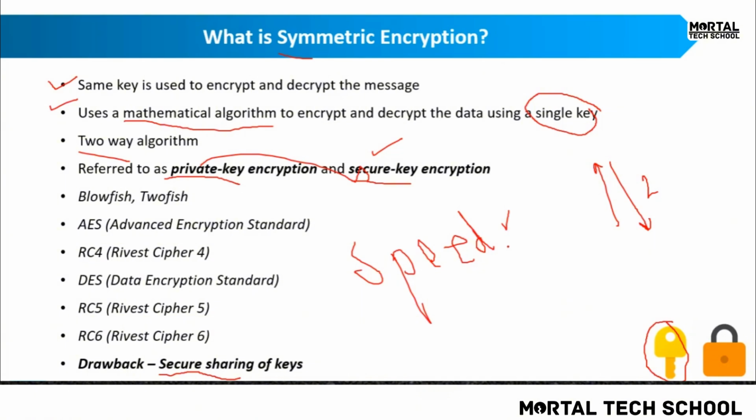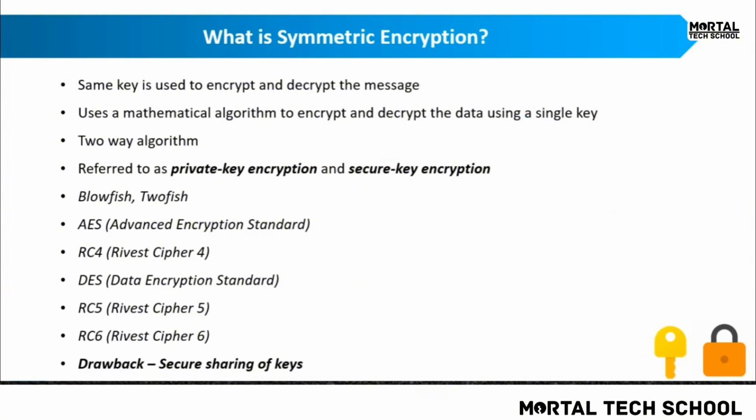So the drawback is secure sharing of keys, but again, there were two brilliant people, Diffie and Hellman, who proposed the Diffie-Hellman algorithm. So to sum up, what you have to remember about symmetric key encryption is: same key is used, mathematical algorithm, single key, two-way, private key encryption, and these are a few examples.